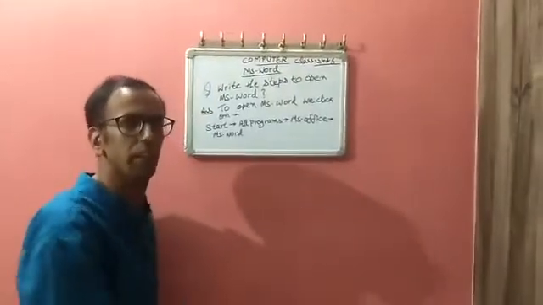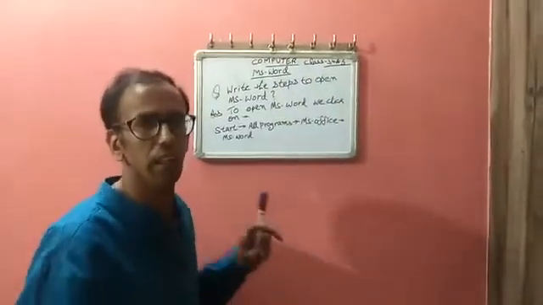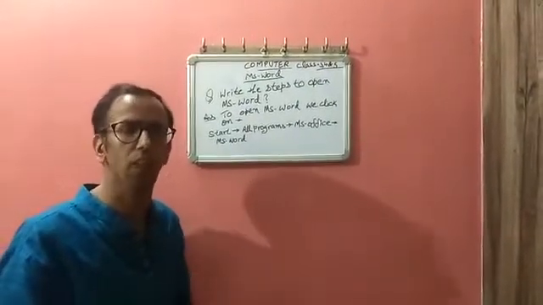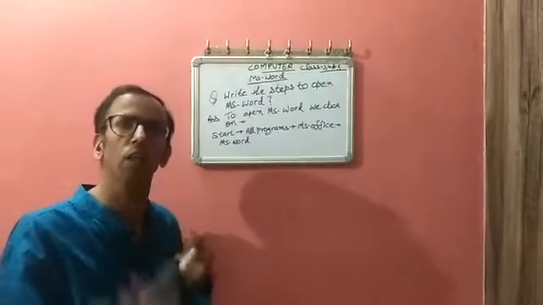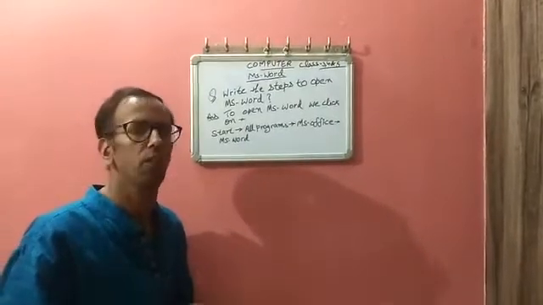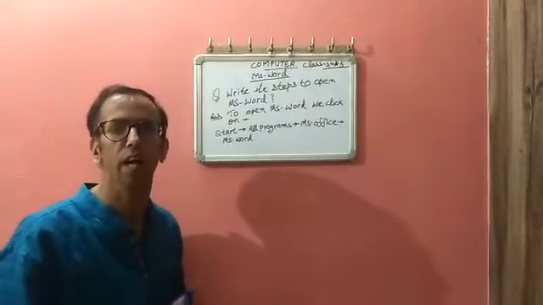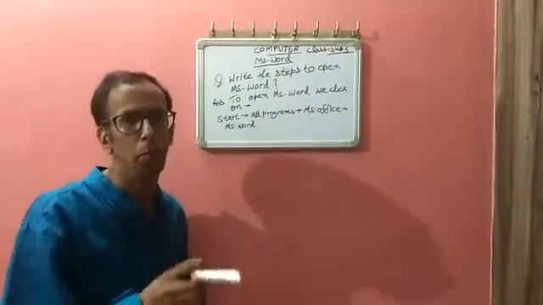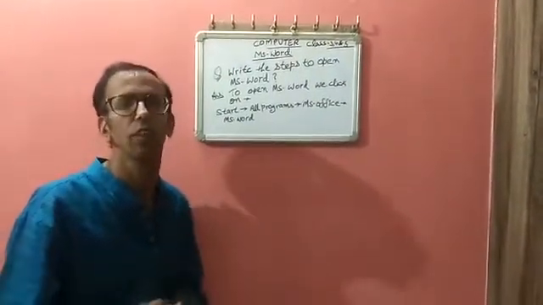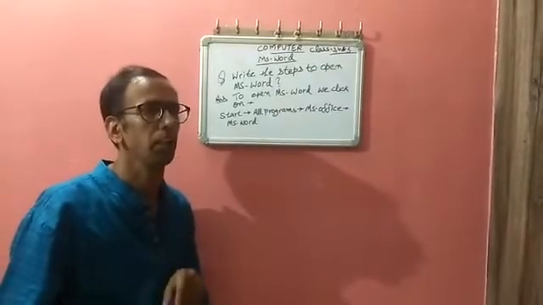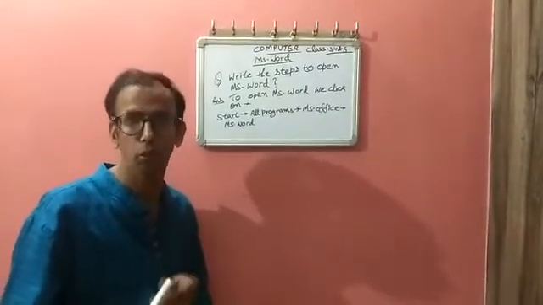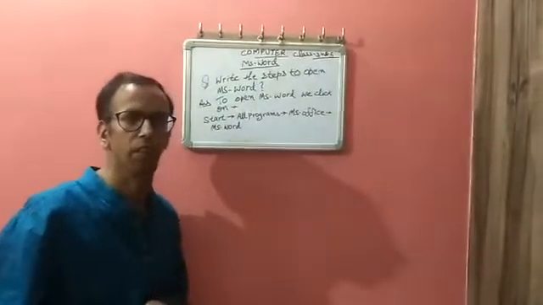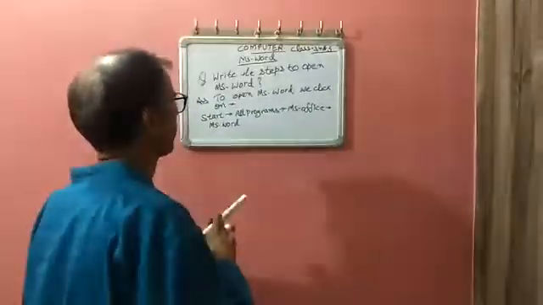Again, we use this software to edit our work and prepare a Word document. Wherever we need it, such as writing a letter or preparing documents like a newspaper, we can prepare it in MS Word.